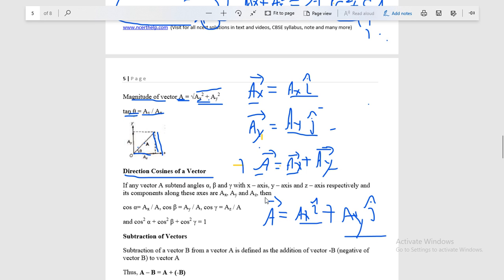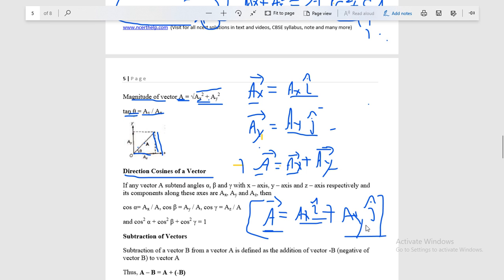So students, this representation of a vector is known as the component form of the vector a. This a is represented in the form of its components ax and ay. This I cap shows that this part is along the x-axis.